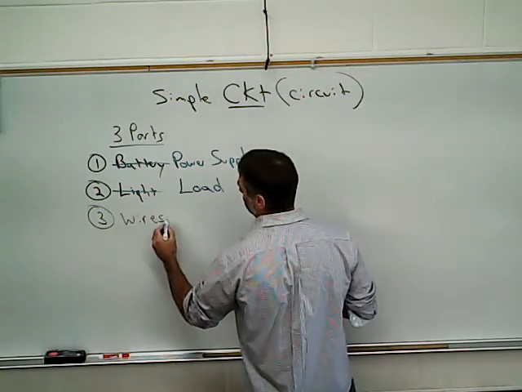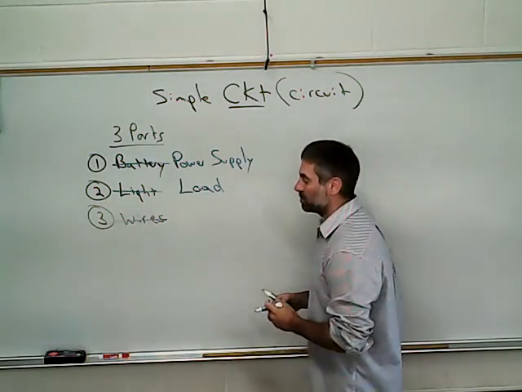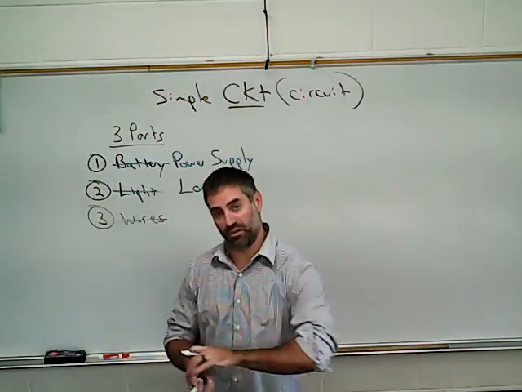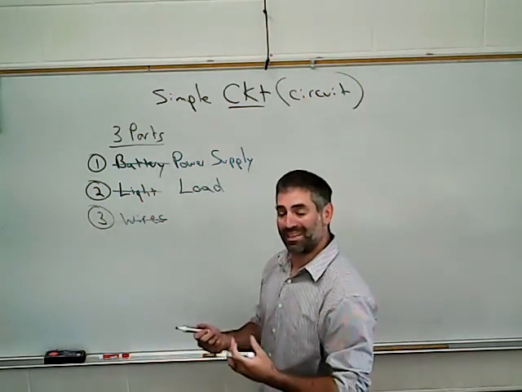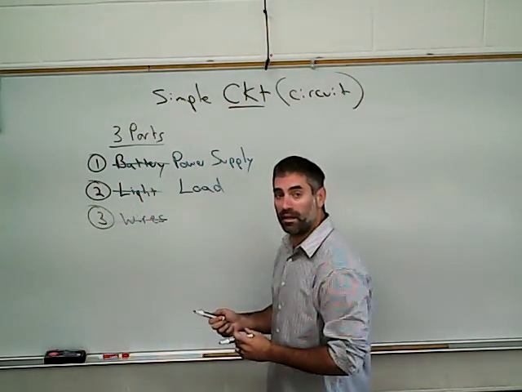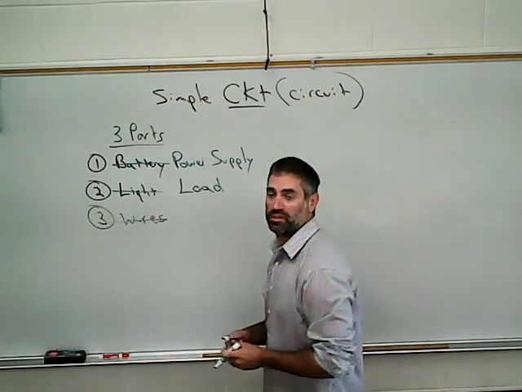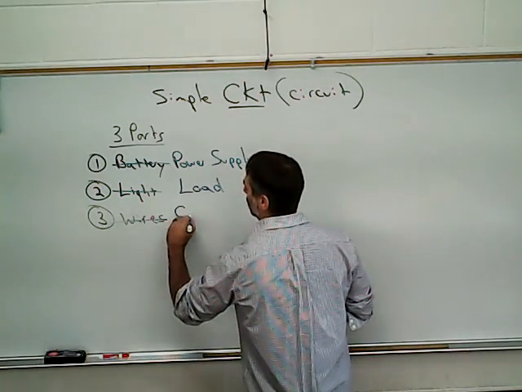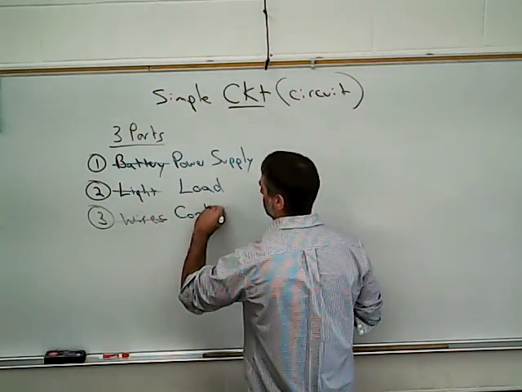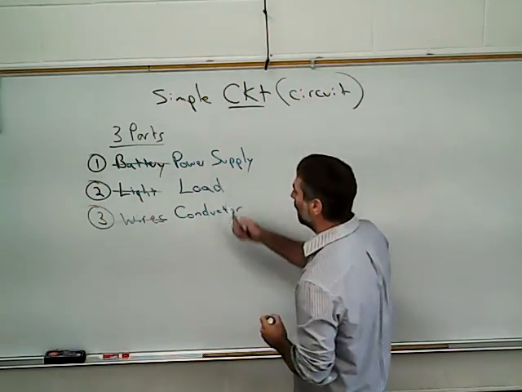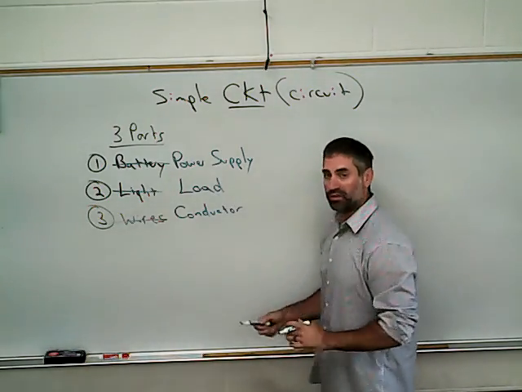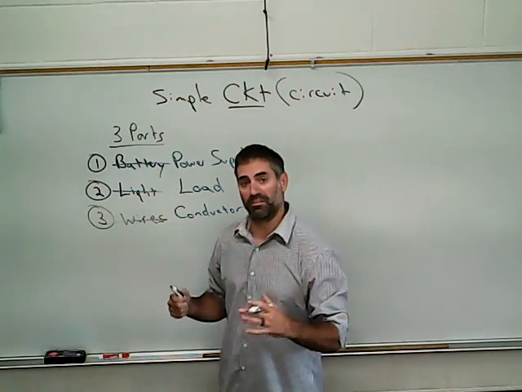And then last but not least, wires are an option. We also have printed circuit board technology, so if you took your phone and you broke your phone open, there wouldn't necessarily be wires in there, but there would be paths for electricity to flow, and we're going to call that the conductor. So power supply, load, and conductors are the 3 basic parts to a simple circuit.